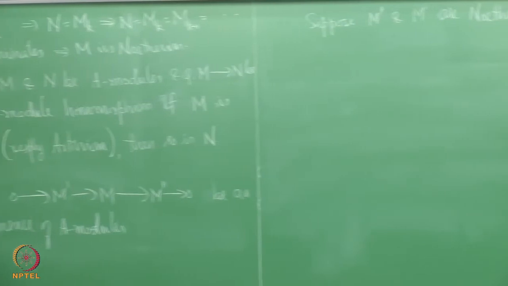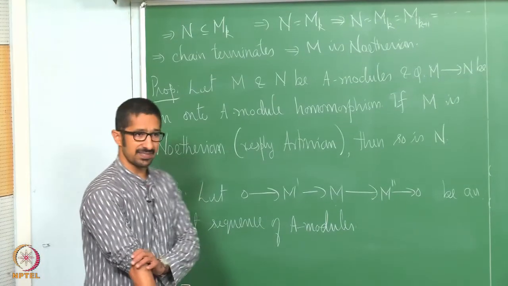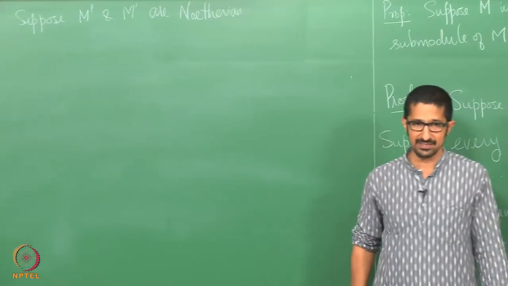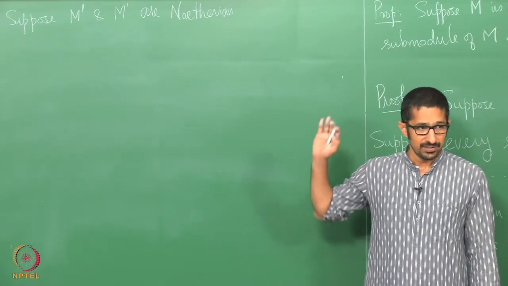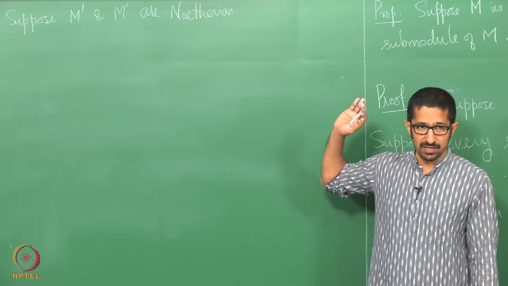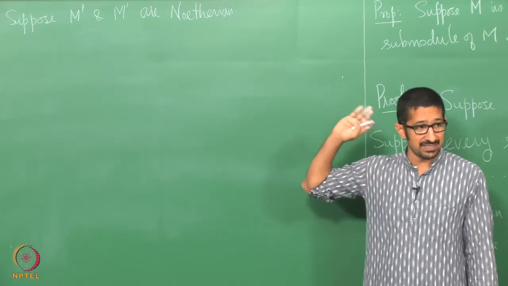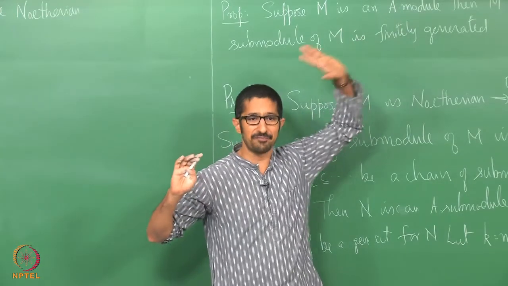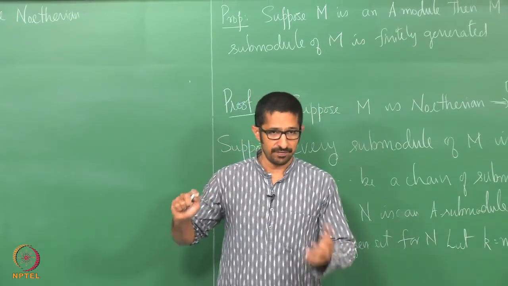Can we say that M is Noetherian? How do you prove that it is Noetherian? One way is to use that every submodule is finitely generated.